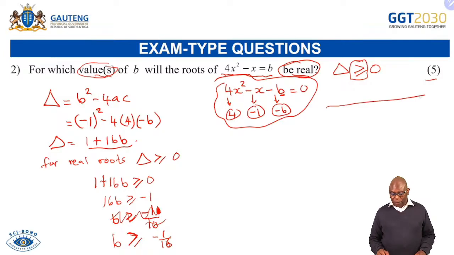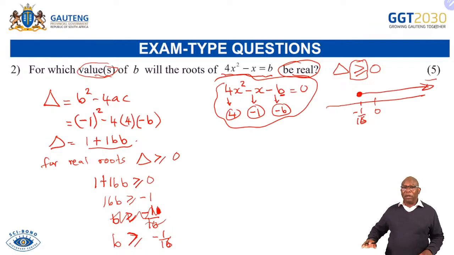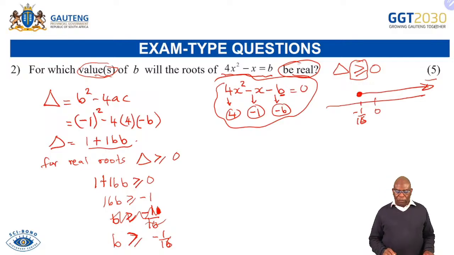When I have a number line and I've got a 0 there, then minus 1 over 16 might be somewhere there. So I need all the values, including minus 1 over 16, that are greater than it. Each and every value that is greater than that will give me real roots. So that is what it means.